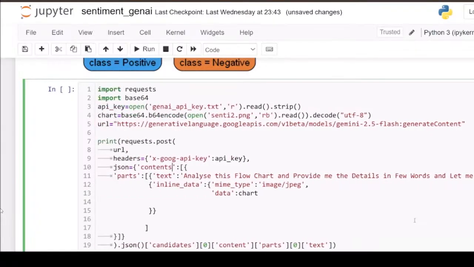We can say this and we run this and let us see what results we get.